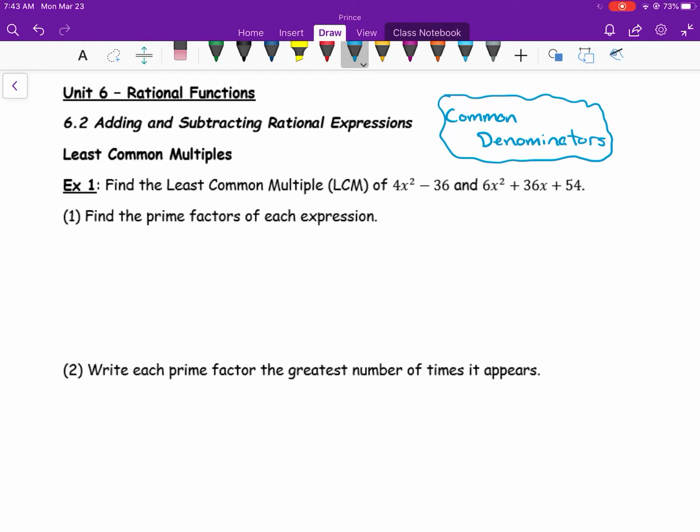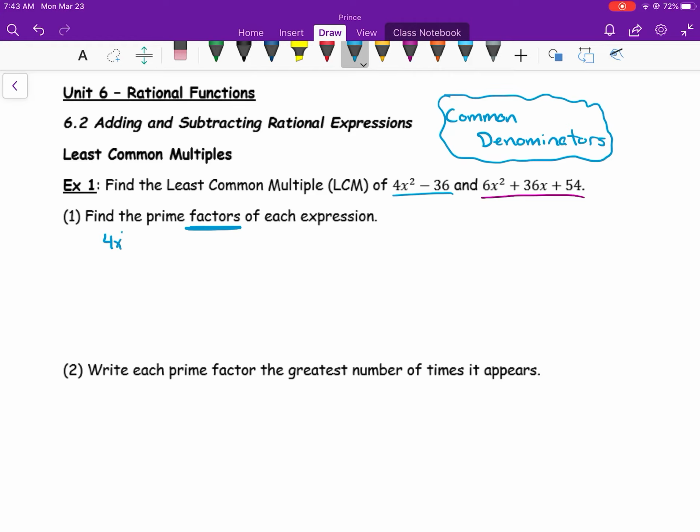So in example 1, we're going to find the least common multiple of 4x squared minus 36 and 6x squared plus 36x plus 54. Step 1 is find the prime factors. As it sounds, we're going to have to factor. In blue, I'll do 4x squared minus 36, and in this purplish color, I'll do that one.